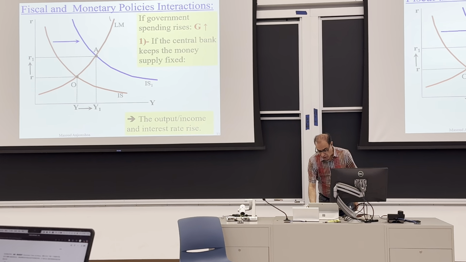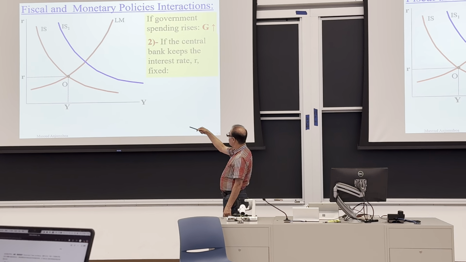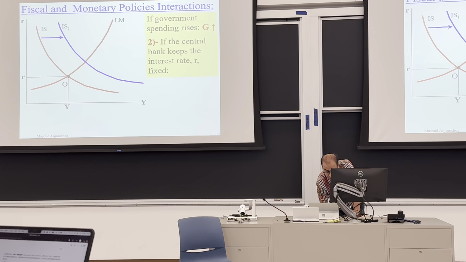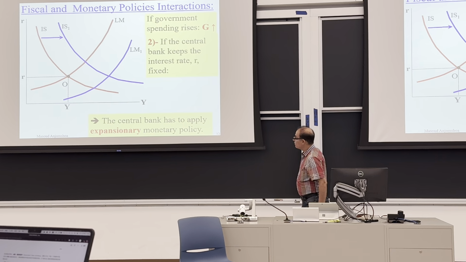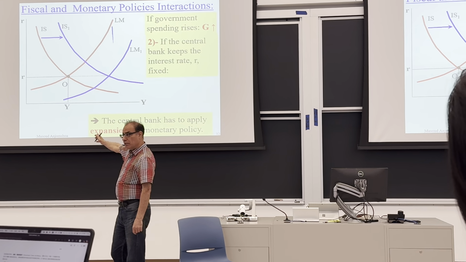Now, sometimes the central bank decides to keep interest rate fixed. Can you see it here? If the central bank decides to keep interest rate fixed, it has to apply an expansionary monetary policy.